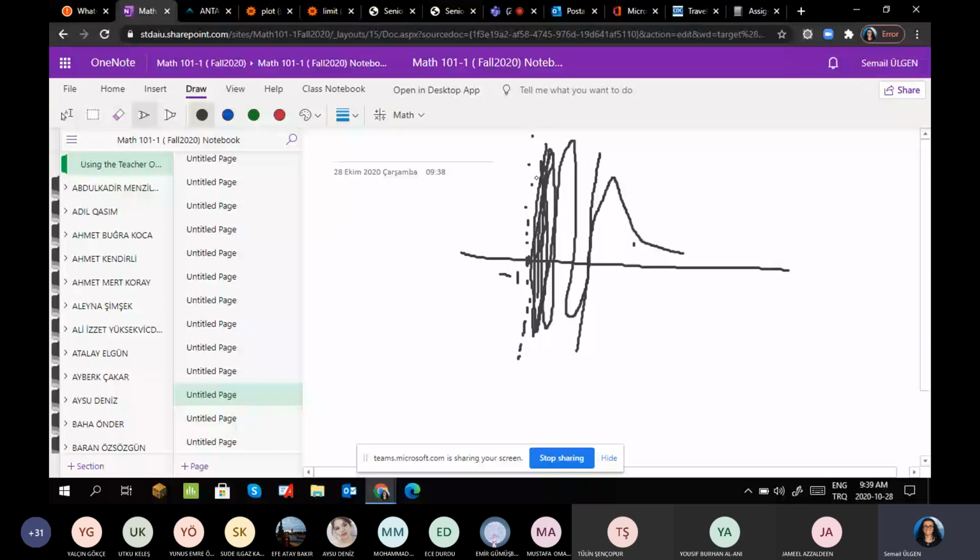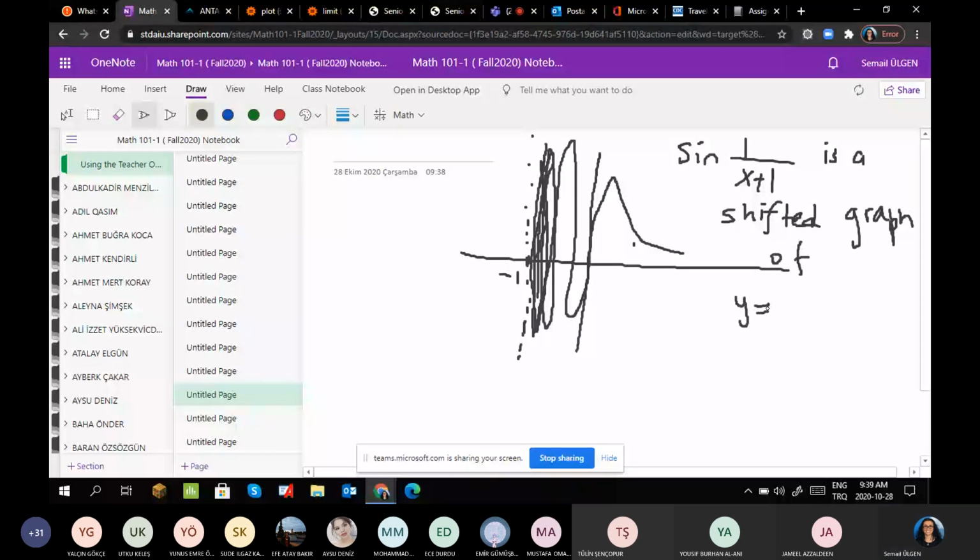So sine 1 over x plus 1 is the shifted graph of y equal to sine 1 over x to the left by 1 unit. Now we know how it is created.